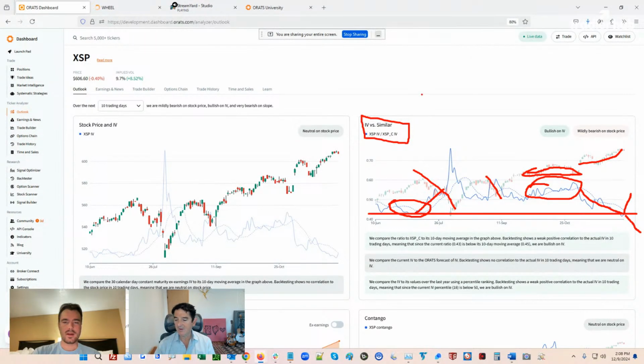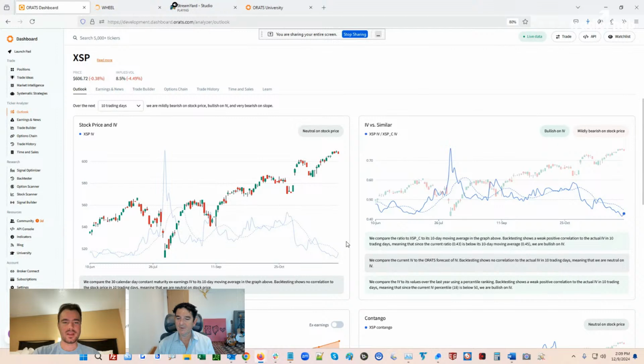Yeah. And another thing these charts tell us is each one of these signals that you see, the 3 bullet points below, where we're comparing the IV to its history, to the forecasts of IV, and also to its components. That's something that we've backtested on a simple level: the relationship between the moving average and the expected IV in 10 days.